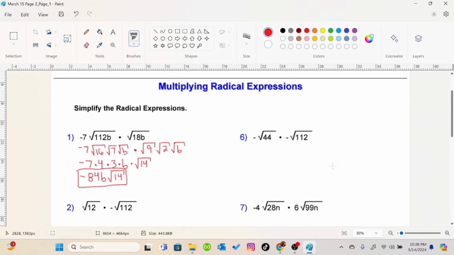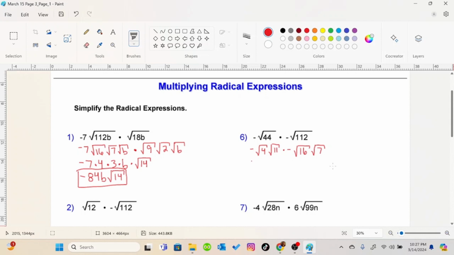Number 6. We have negative square root of 44 is the square root of 4 times the square root of 11. And the square root of 112 is the square root of 16 times the square root of 7.